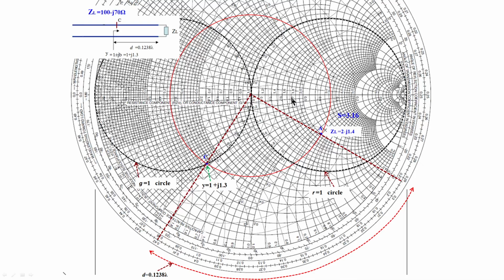This is 0.5, this is the 0.6 conductance circle, this is 0.7, this is 0.8, this is 0.9. This is the 1 conductance circle.